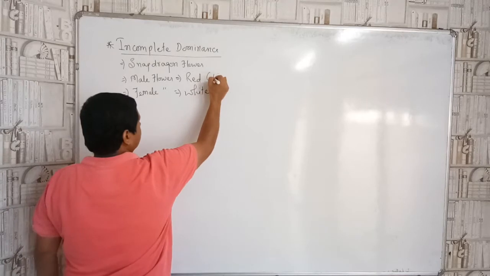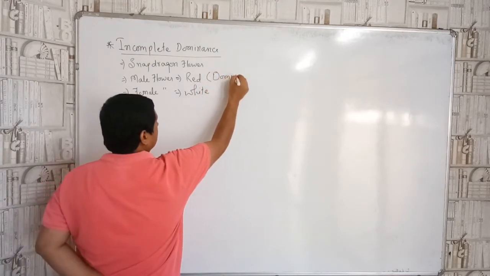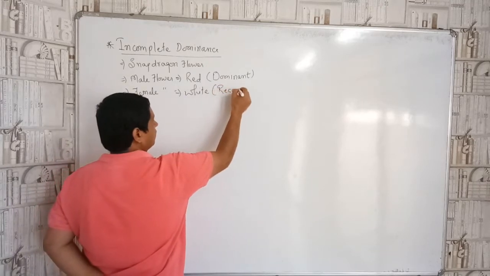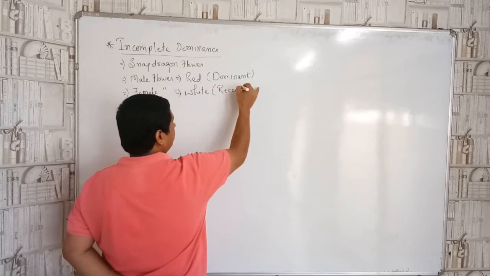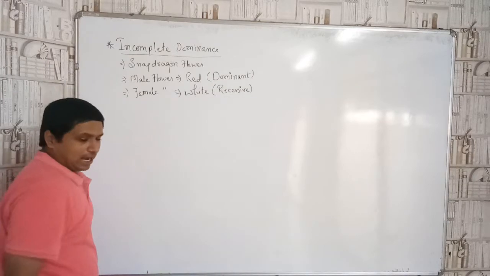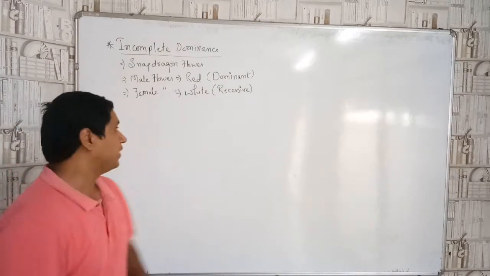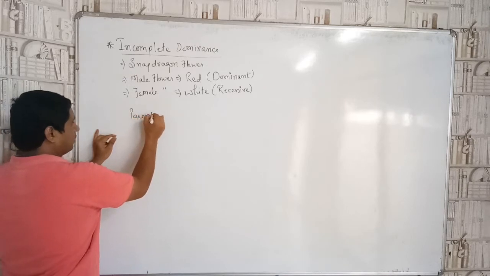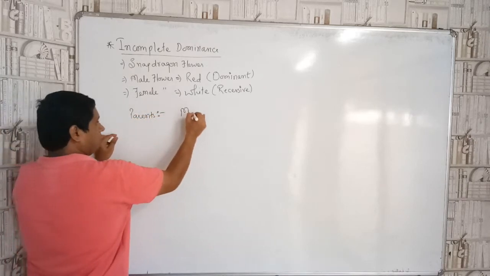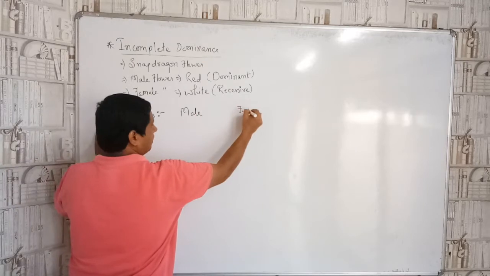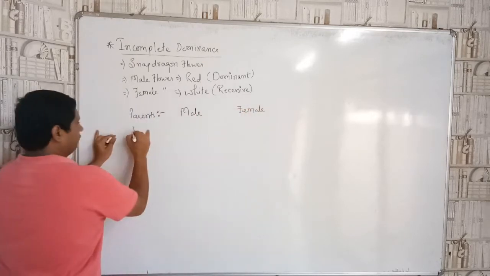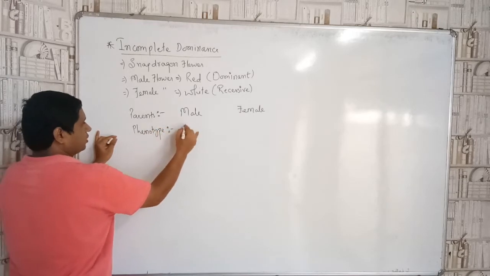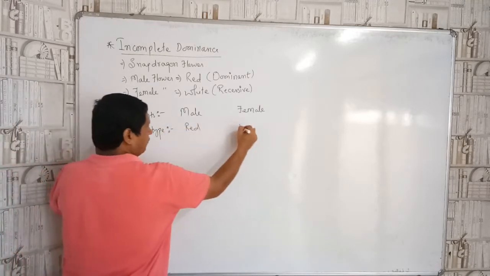Now this red was dominant, whereas the white was recessive. Over here, let us talk about the parents, male and female. Now the phenotype, that is what, children? Red and white.